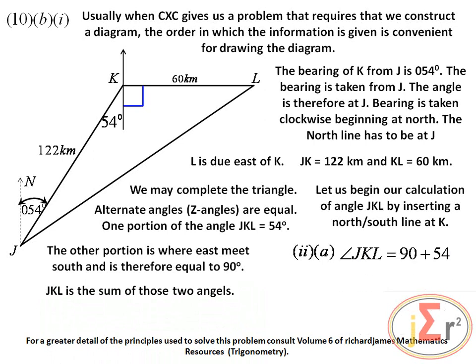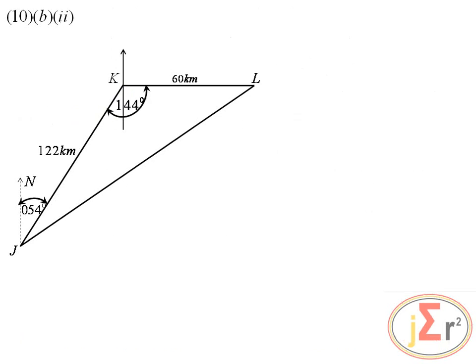So the angle JKL is equal to 90 plus 54, and that is equal to 144 degrees.